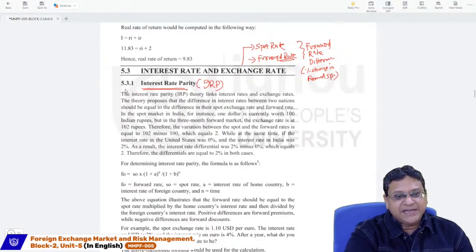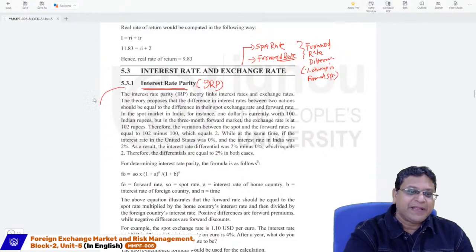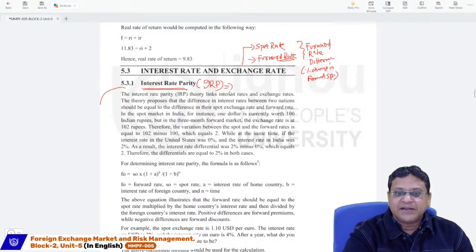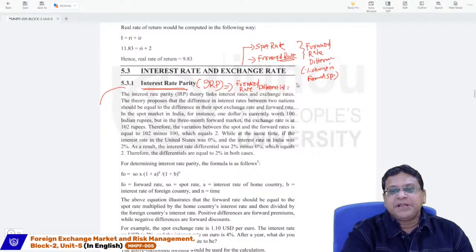What does interest rate parity theory tell? Interest rate parity theory tells that forward rate differential, that is the difference between forward rate and spot rate, depends upon the difference between interest rates, that is interest rate differential.